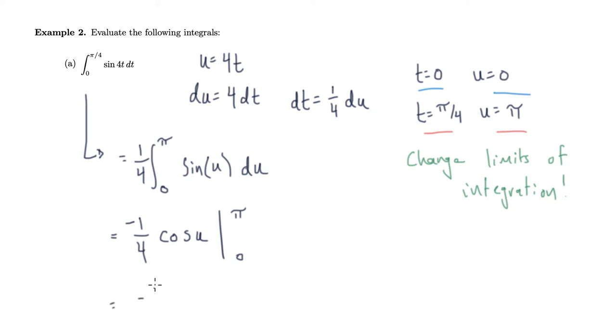So this is negative 1/4 times cosine of pi, which is negative 1, and then minus cosine of 0, which is 1. So negative 1/4 times 2, that's 1/2. And that's the area that we're looking for, 1/2. So we've evaluated this definite integral.